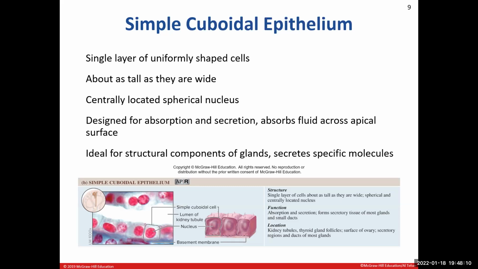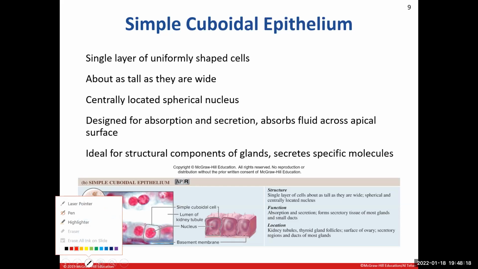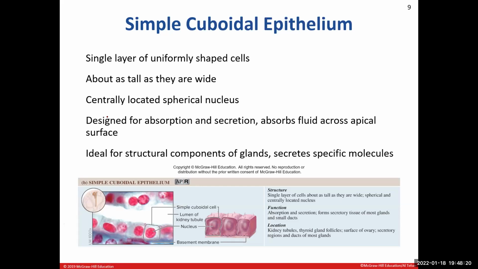Okay, so the next type of epithelium is our simple cuboidal. Again, simple, telling us that it's 1 cell layer thick, and then cuboidal, telling us the shape of the cell. These cells are square, cube shaped. They're as tall as they are wide. Where's the nucleus? It's going to be directly in the center of the cell.